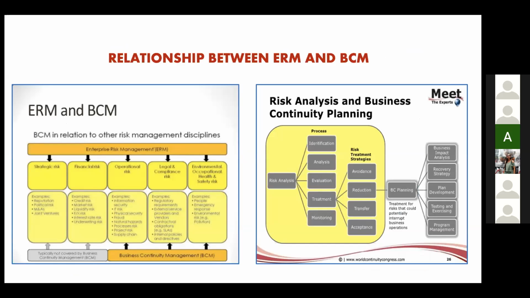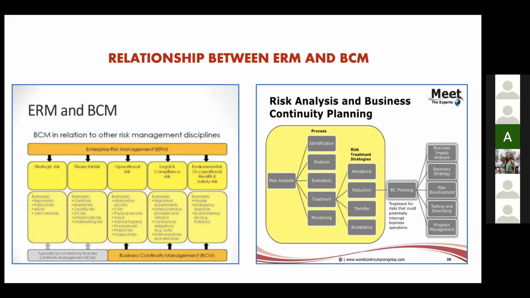So here we can see a diagram that explains how ERM and BCM are interrelated with each other. Under ERM, there are some risks. We can see here strategic risk, financial risk, operational risk, legal and compliance risk, and health and safety risk, environmental and occupational risk.